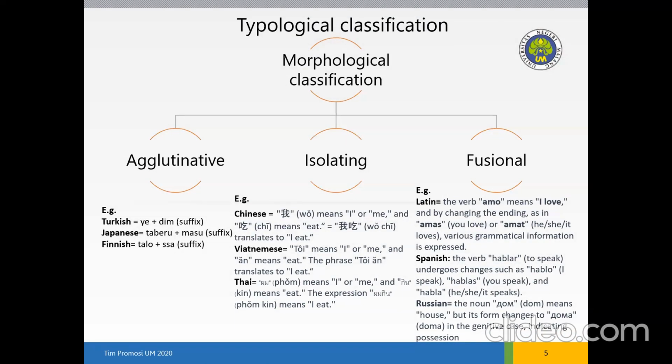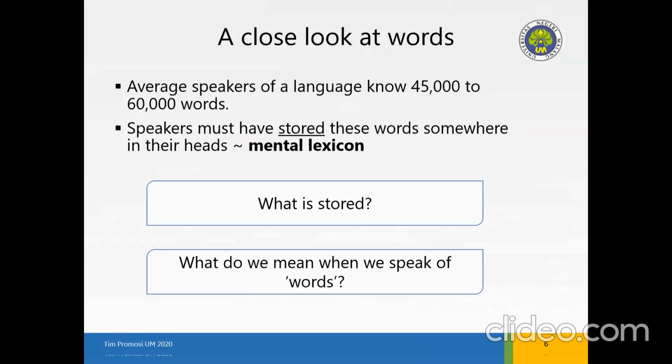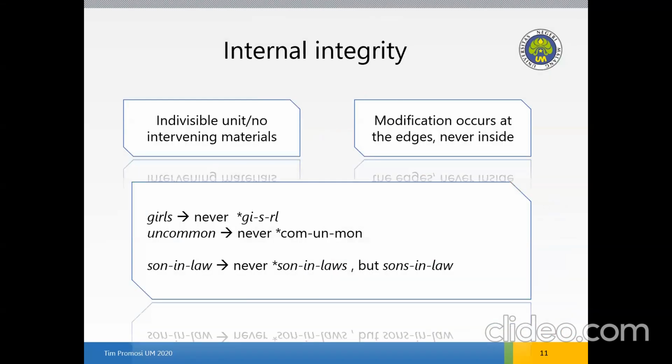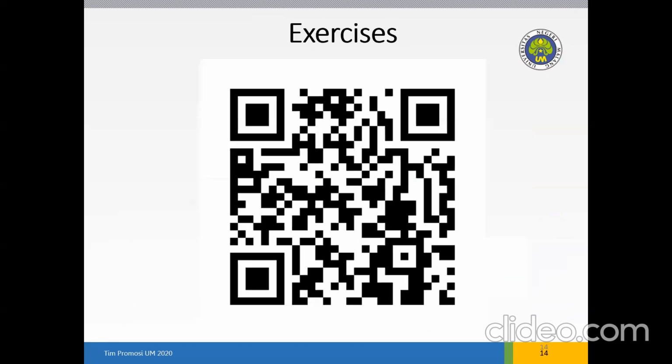Indonesian, Bahasa, and also English will be in this part of the classification, isolating. So based on the isolation analysis, we have three words here.